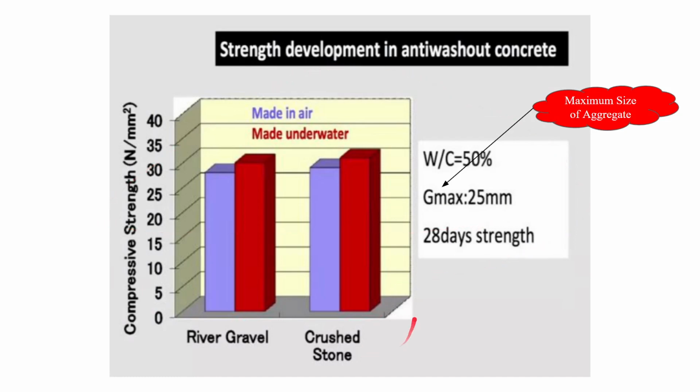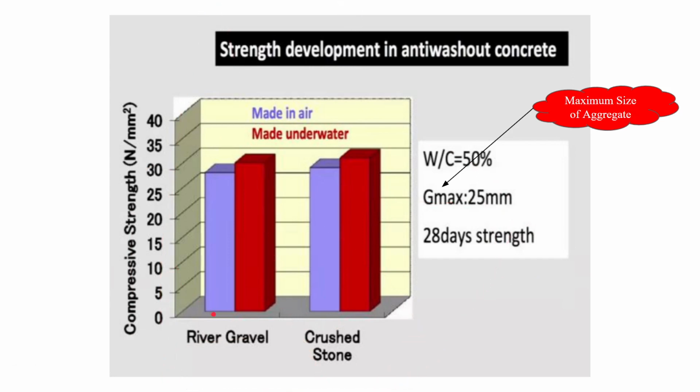So if we now say, for a particular case, we want to see the compressive strength between air and underwater. Underwater is mainly the anti-washout and air is the normal. We have taken water cement ratio as 50%, the maximum size of aggregate as 25, and we have found out the compressive strength at 28 days.